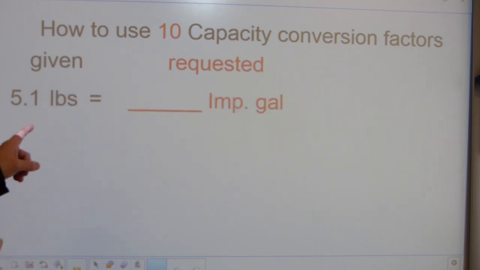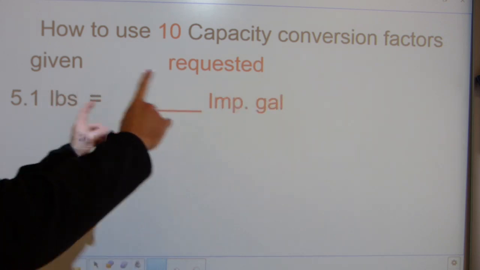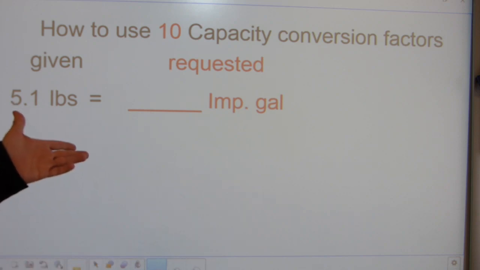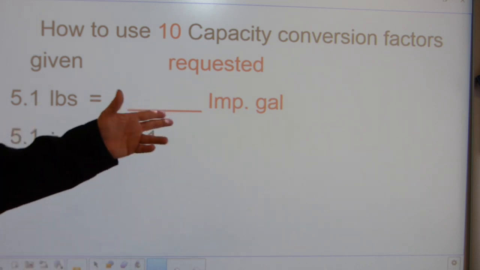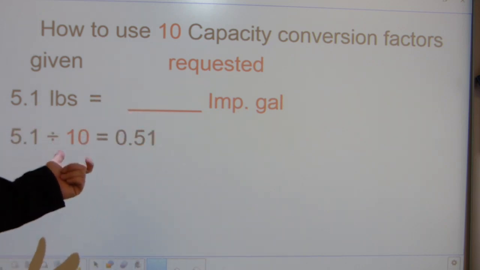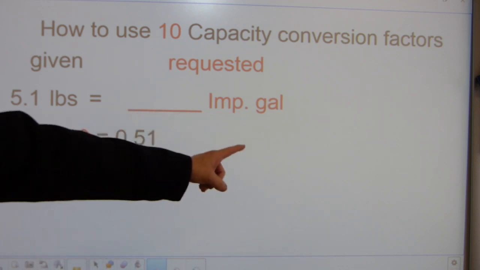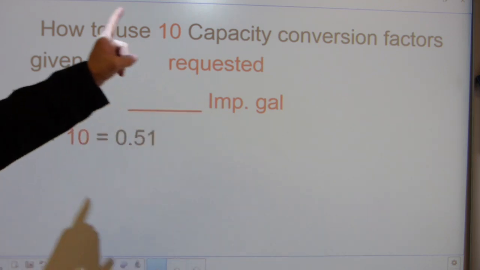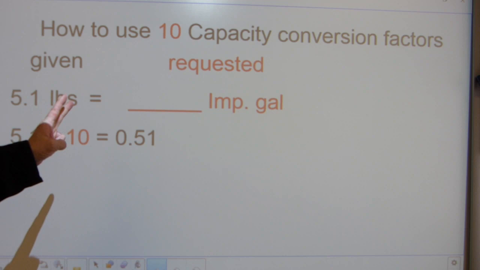Here's another one. I switched the pounds and the imperial gallons around. This is a case where division is used. The reason why division is used is because the conversion factor 10 relates imperial gallons first to pounds mentioned second.